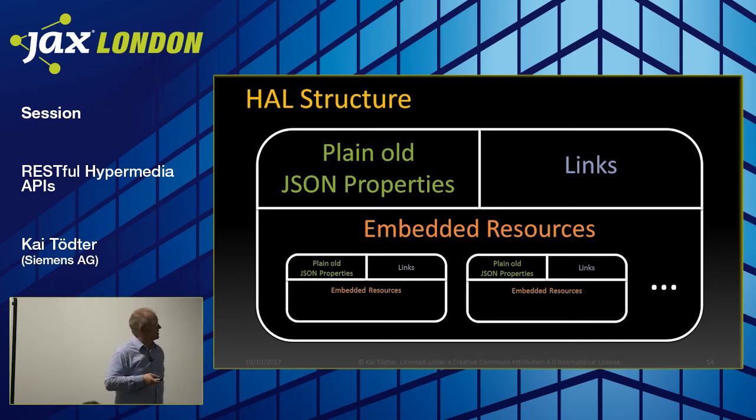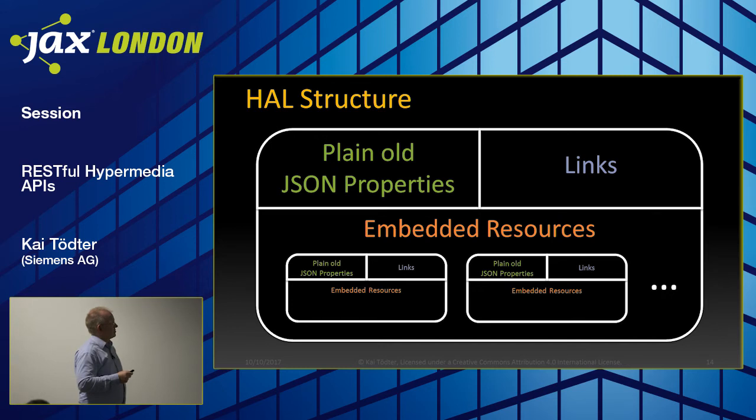So what I like about HAL is that if I have an existing JSON that has top-level keys and values, they stay exactly the same and are not touched by the internal structure. Additionally, I have links that could link to other REST resources, and I also could embed resources.